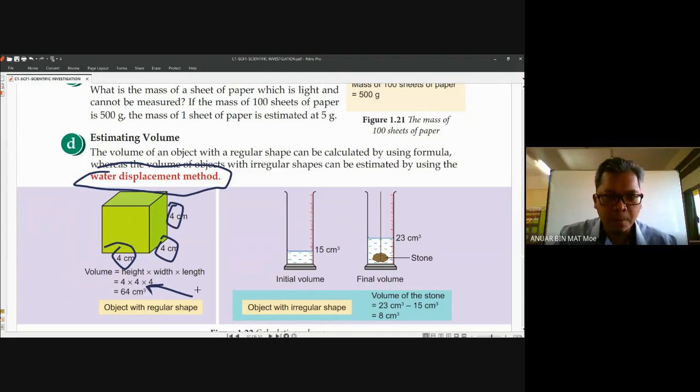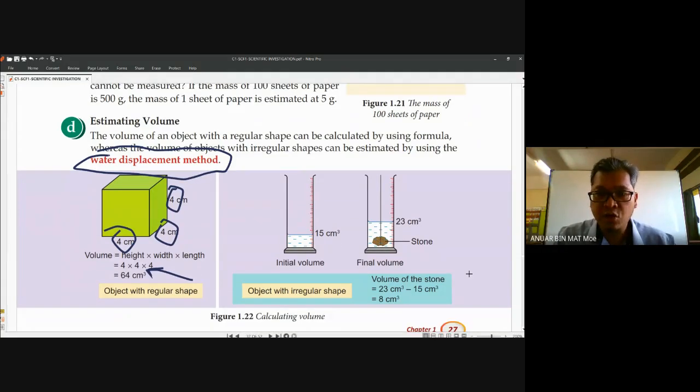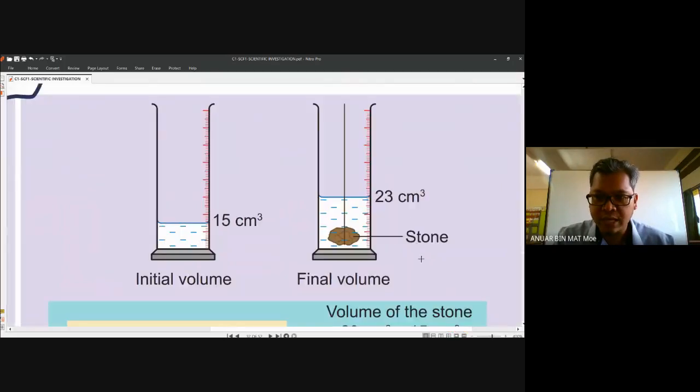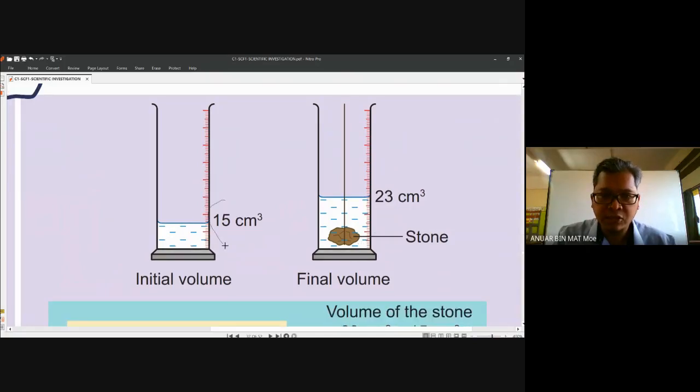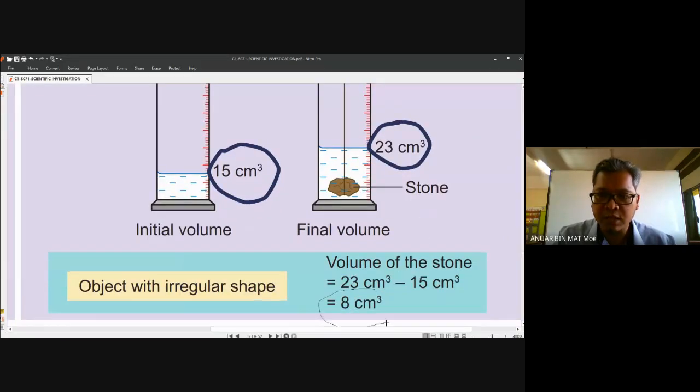If you want to measure the volume of an irregular object, you can use the water displacement method. For example, you want to measure the volume of the stone here. You can drop it into the measuring cylinder. You take the second measurement minus the first measurement, and then you have the volume of the stone, about 8 centimeter cubic.